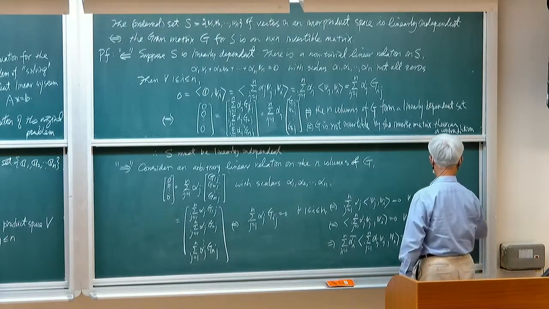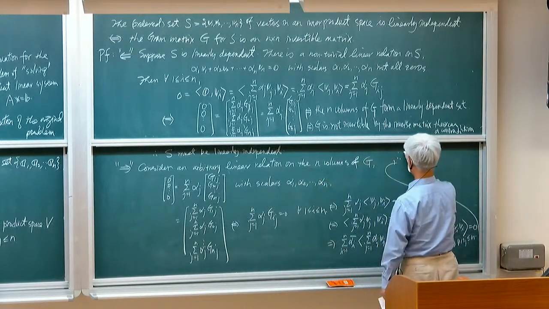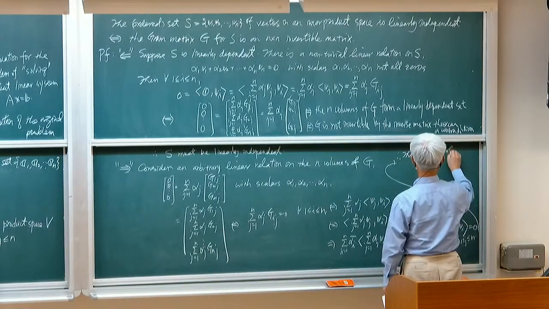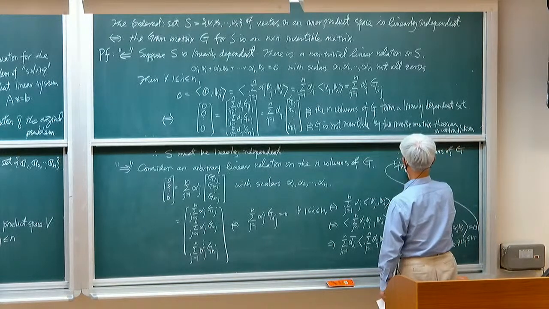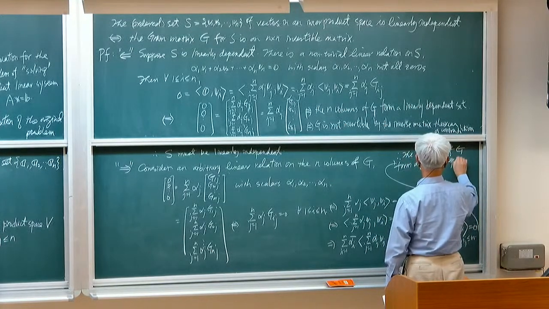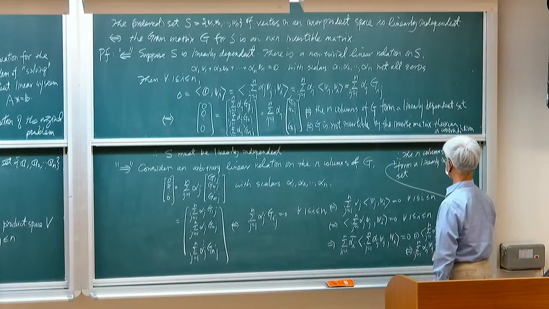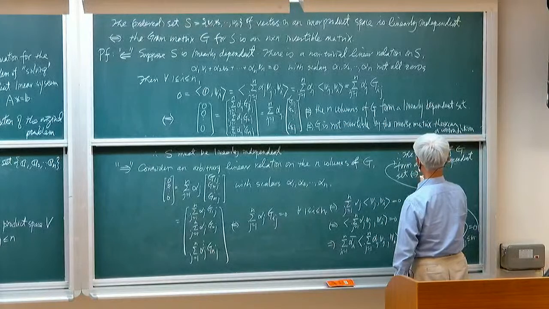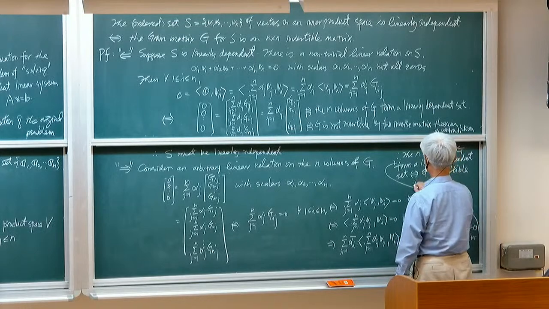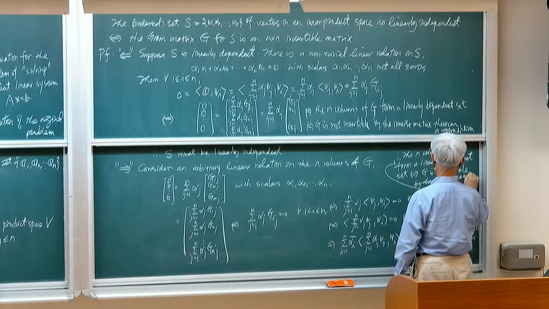Okay, so the n columns of G form a linearly independent set, and this is if and only if G is invertible by the invertible matrix theorem.